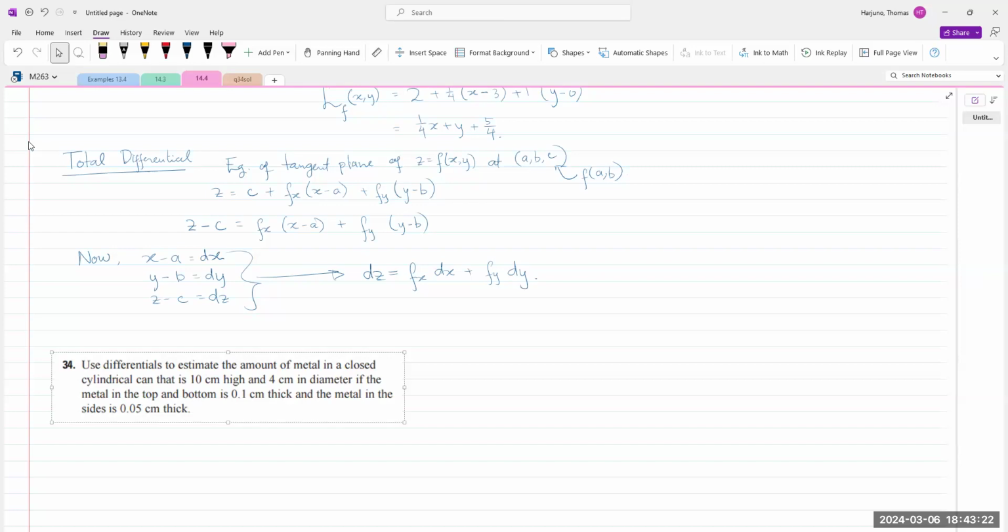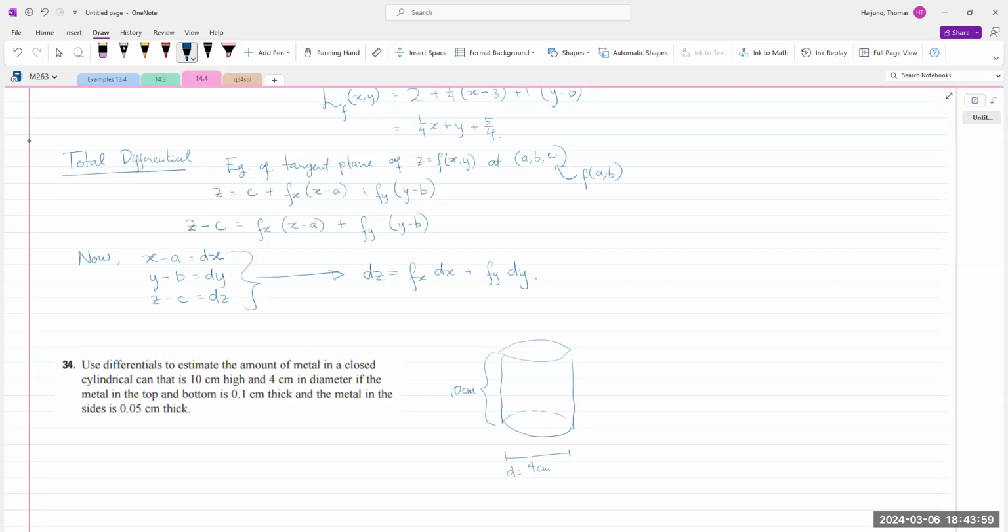If the metal on the top and the bottom is 0.1 centimeter thick and the metal on the sides is 0.05 centimeter thick. Okay, so let's take a look first. So we have a closed cylindrical can. Okay, the height is 10 centimeter, and the diameter is 4 centimeter, which means the radius is 2 centimeters.